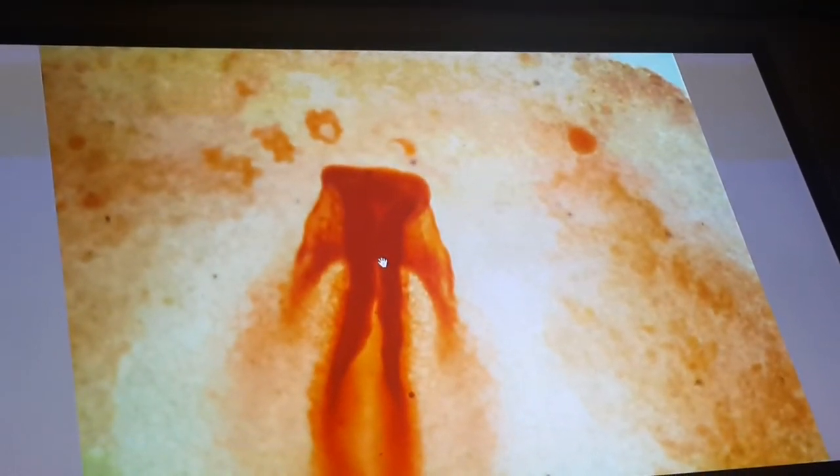In this whole mount embryo, which is not a section, you can see that these are the neural folds. They are about to be closed to form the neural tube, but now they are only neural folds. And in the floor of the neural groove, you can see the yellowish or lightly stained region representing the notochord.